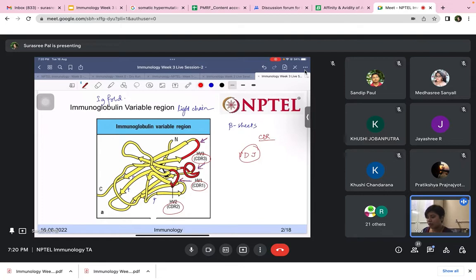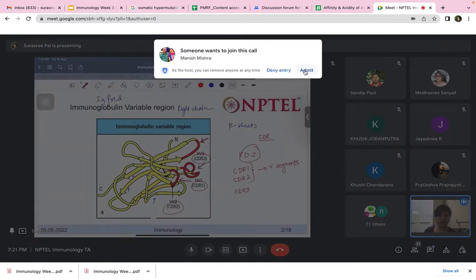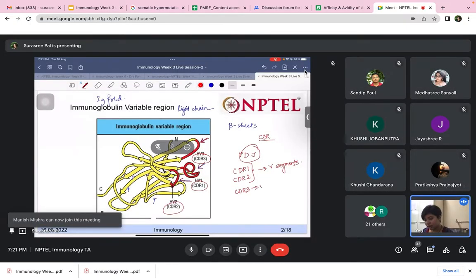CDR1 and CDR2 are actually coded by V segments, whereas CDR3 is the most interesting and the most important one. Why? Because CDR3 is a particular loop that is actually coded by 3 segments, the V, D and J. So it is kind of a junction.